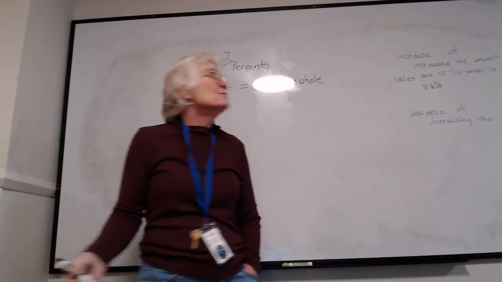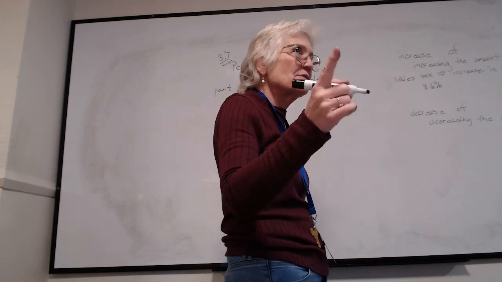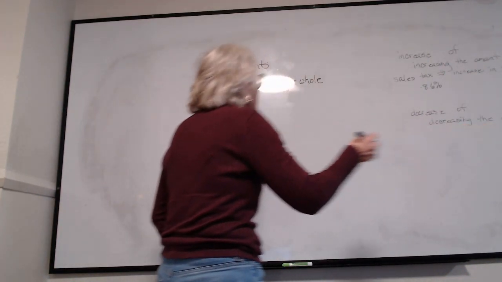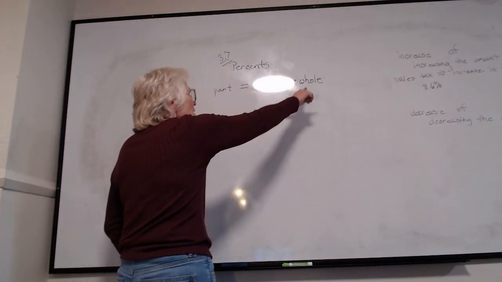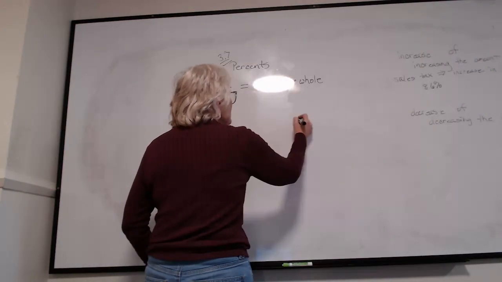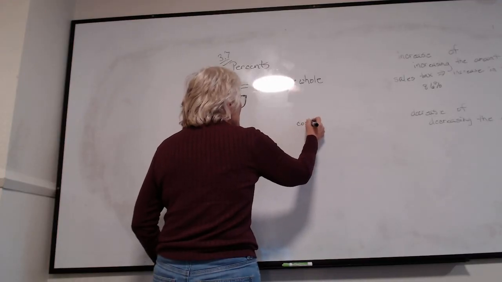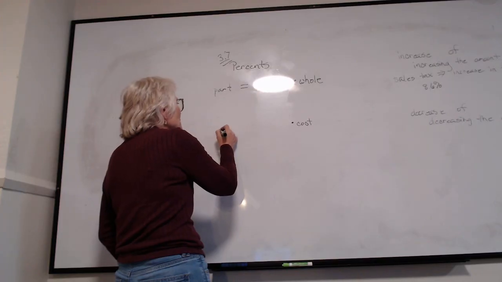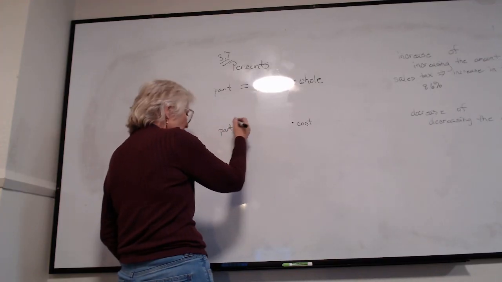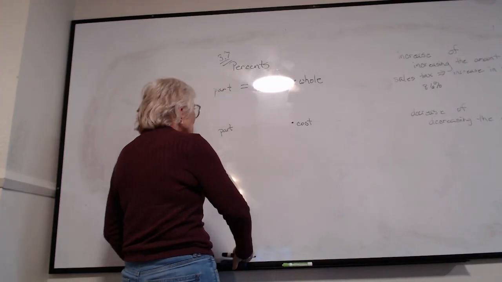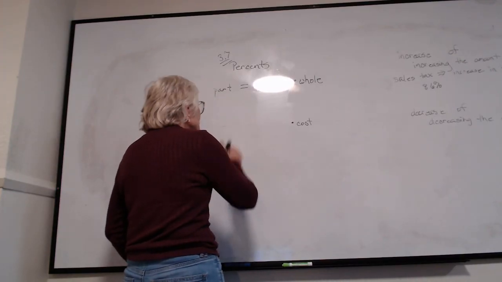What you can do when you have an increase, and we'll talk about this for a minute, is we find, first of all, the whole. The whole is my cost. This is what I'm going to pay.